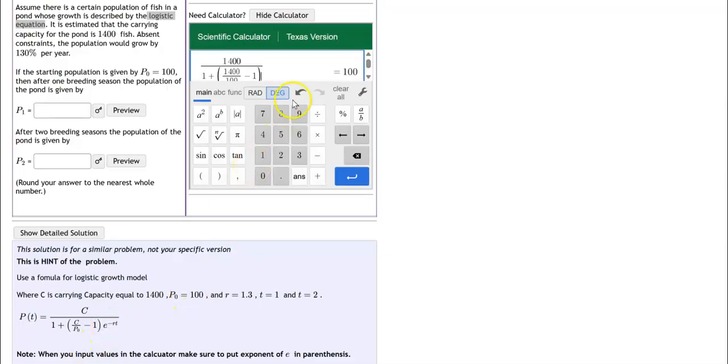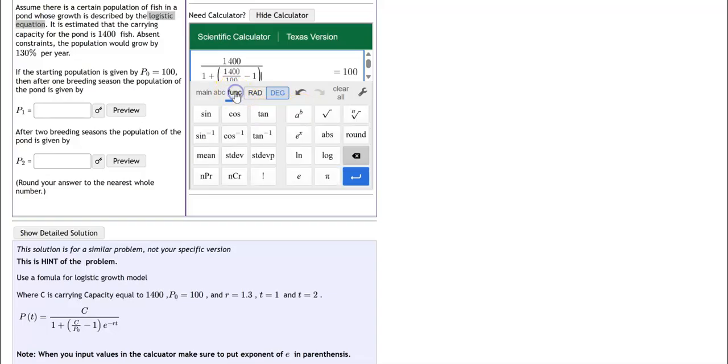Again, to type e, you can either go to the function here and find the e, or you can just use e to the x directly to find e to the power. But notice that everything, negative rt, has to be in the exponent. So what I'm going to do is put parentheses around the power.